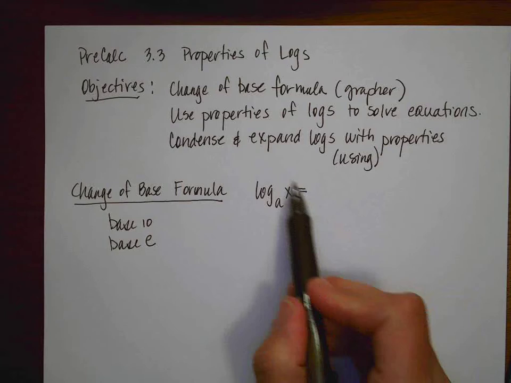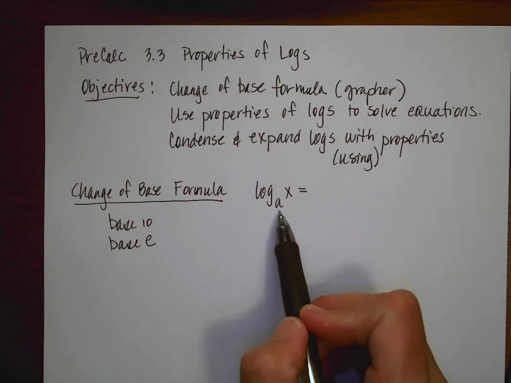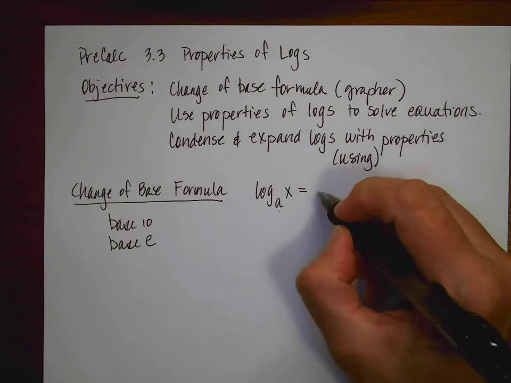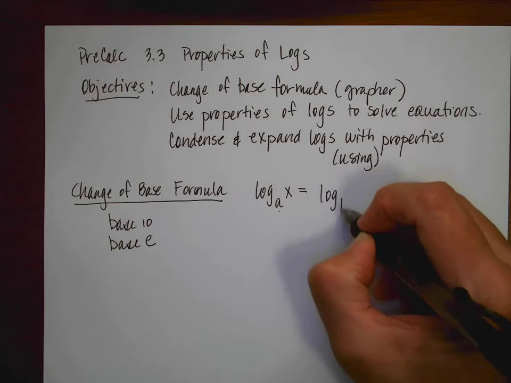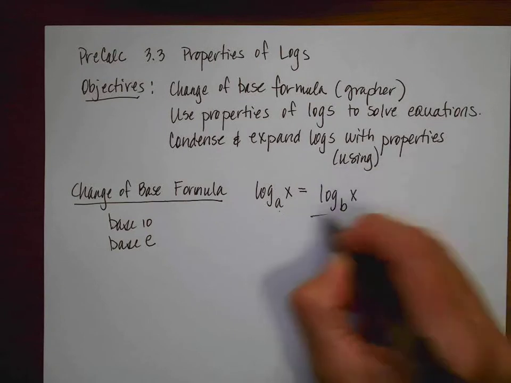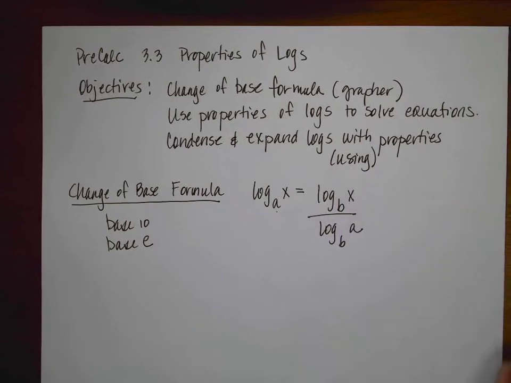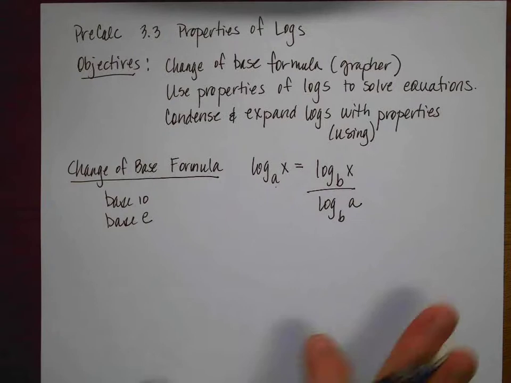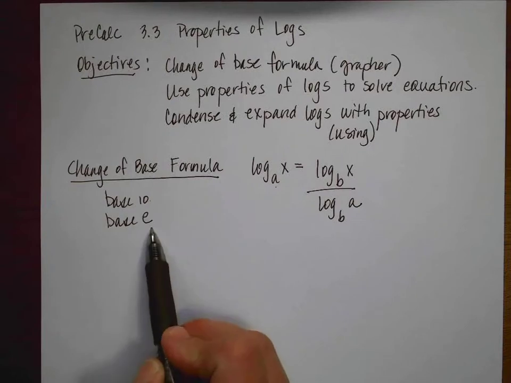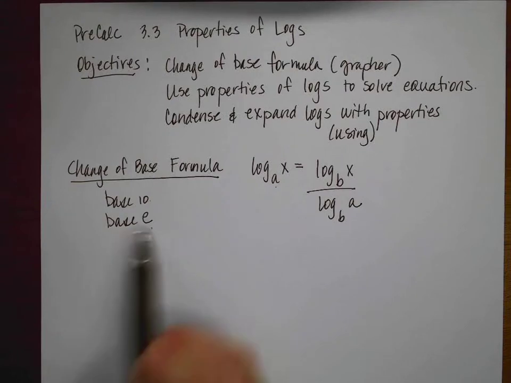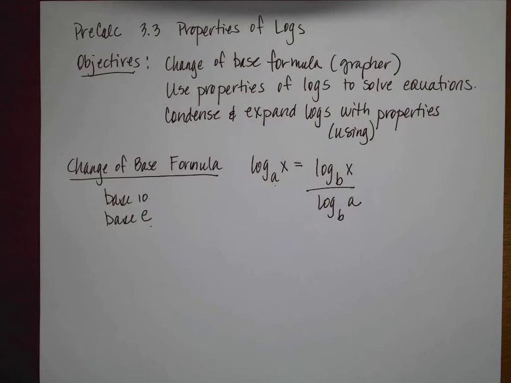The new graphers have this setting, but they used to not. So we would use a change of base formula to do the calculation. I would choose a base that I liked divided by the log base b of a that made my life easier. So oftentimes they chose either base 10 or base e. But that was in older days.